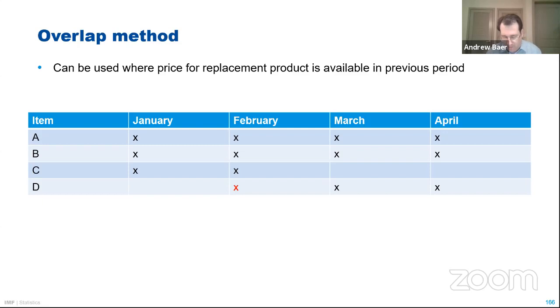So if you have a company selling freight transportation between a particular origin and a destination, and they go from using one type of plane that takes a day to make the trip to now using a different type of plane where they could make the trip in half a day, we would consider that now a replacement product.